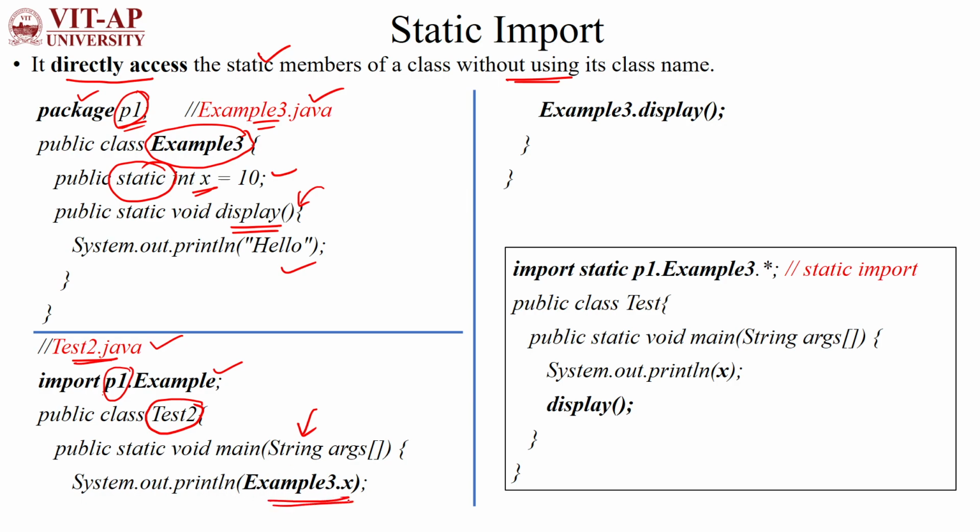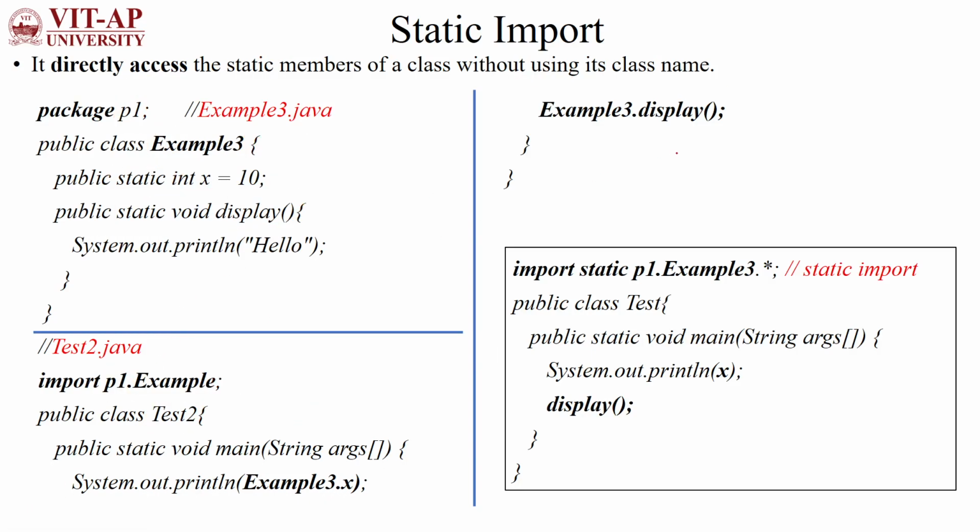Here you see I am accessing example3 dot x directly. So the x variable has the value 10, and we can use it like that. If you want to invoke the method, you can invoke it with example3 dot display. So example3 is this one, which is stored inside the package p1, and then you can invoke that method.